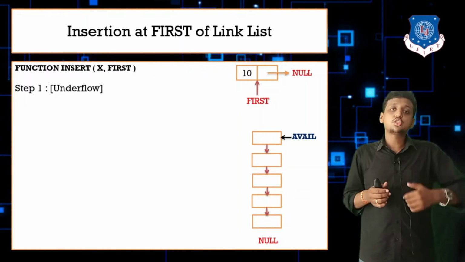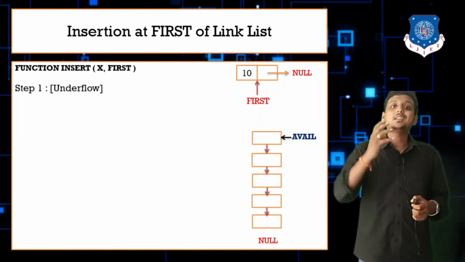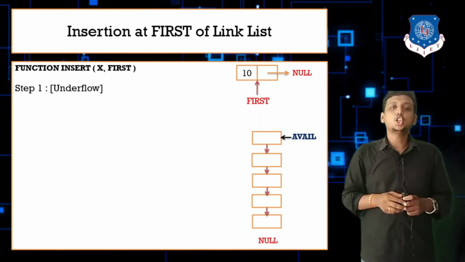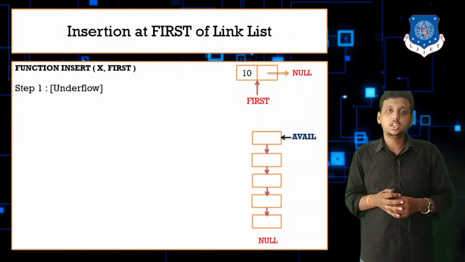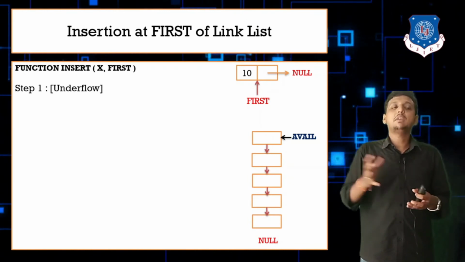Yes, we used to check the overflow condition whenever we want to perform any insertion operation. But in a linked list, you cannot check the overflow condition. Why? Because the linked list is like a dynamic memory allocation.